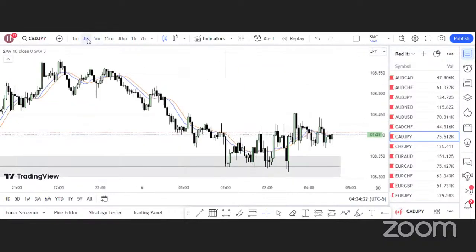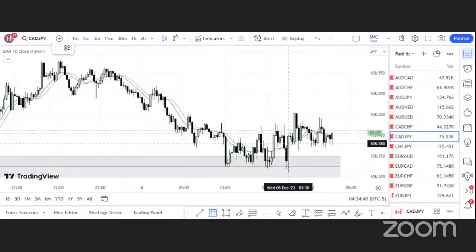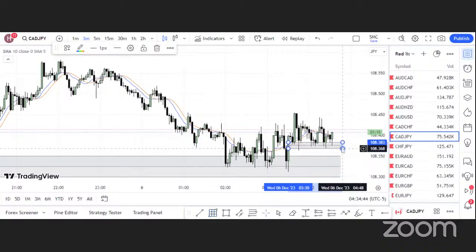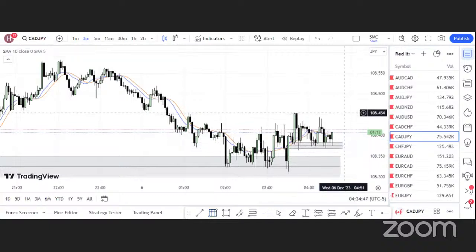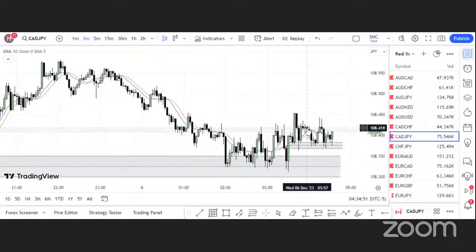So let's go to the lower time frame. So if this closes above, we are taking our buy trade.